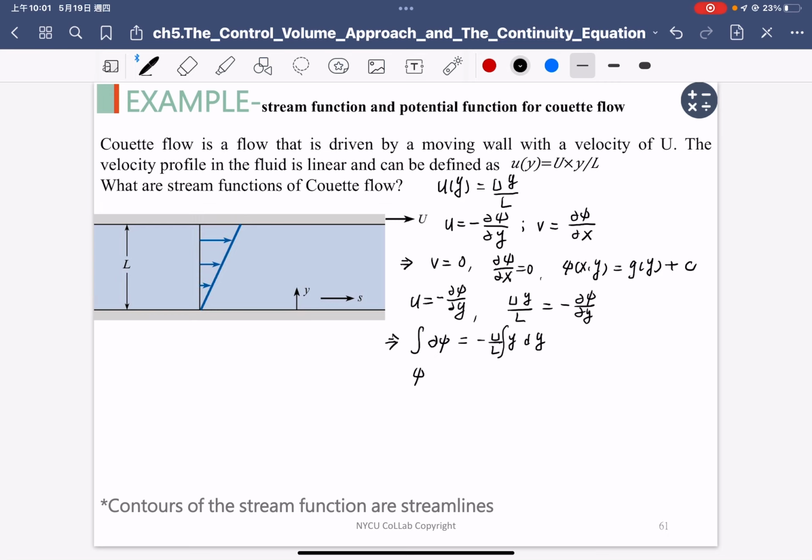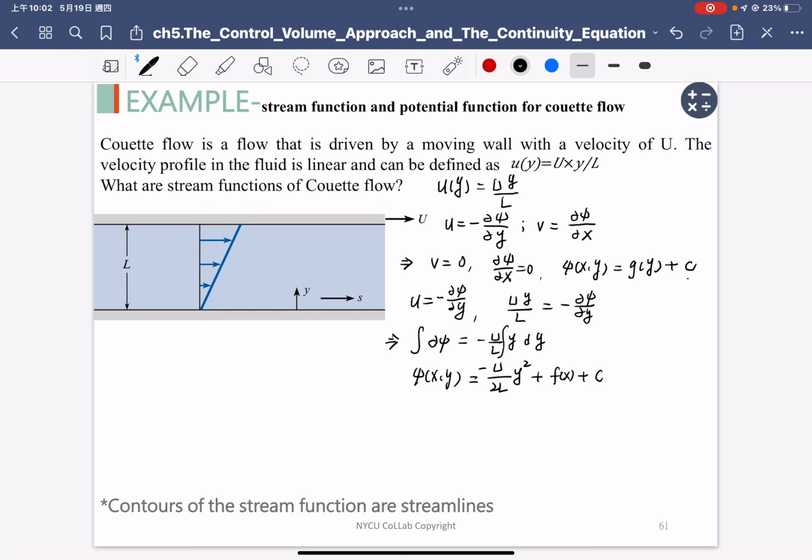So we know that psi of x, y will equal to minus U y squared over 2L, and then we may have f(x), and maybe an additional constant value.